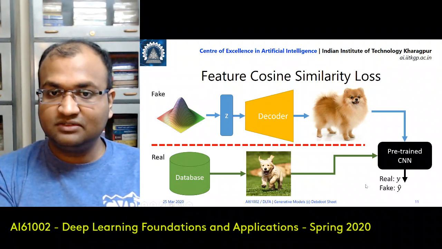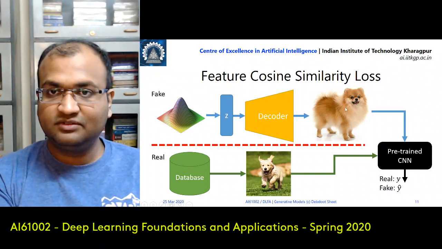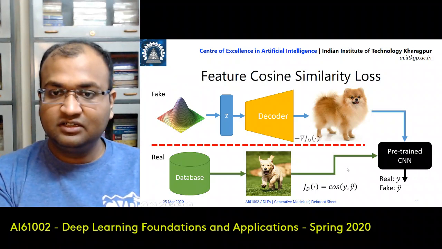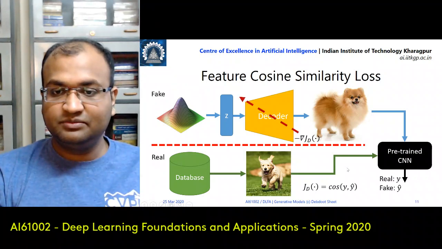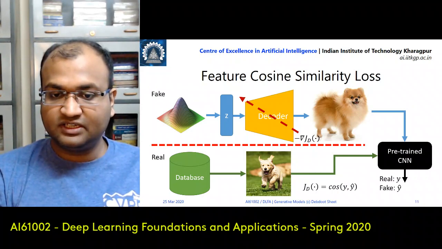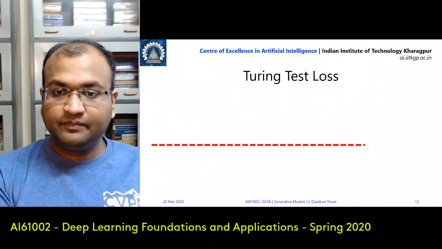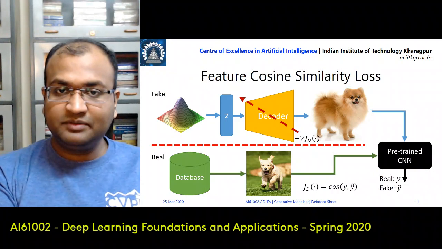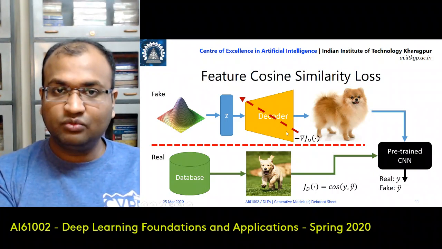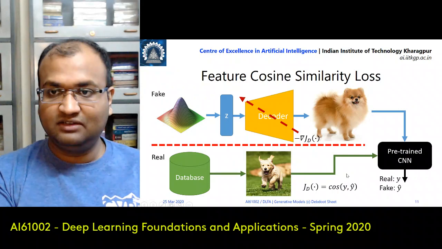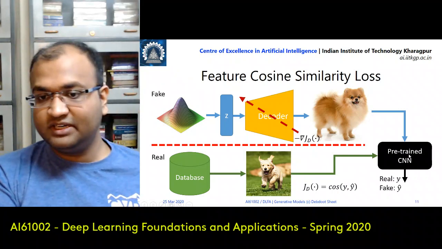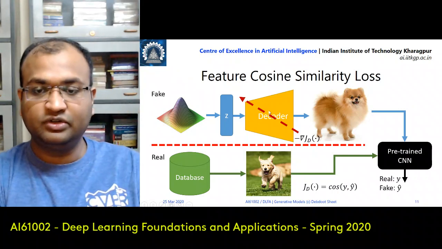So you will have a feature which corresponds to this, and a feature which corresponds to this. This feature is what is known as y hat, and this feature is what is known as y. And you take a cosine similarity between these, which is basically the cosine distance loss between these two features. And that's the only thing which you have to do. So now you can train by basically minimizing this loss itself. Okay, so there is no update on this pre-trained CNN. The update will only be through the decoder over here.